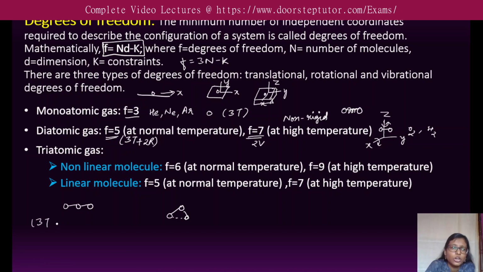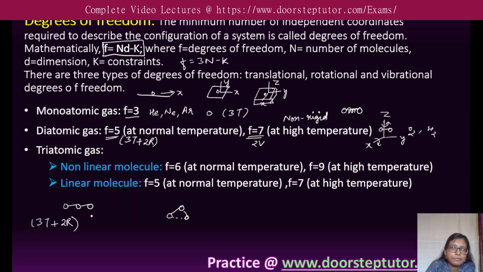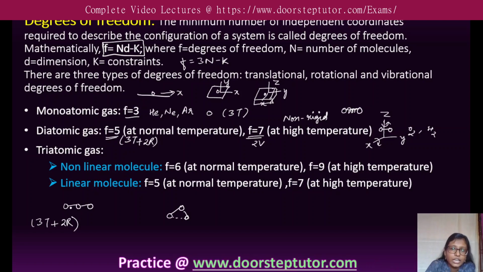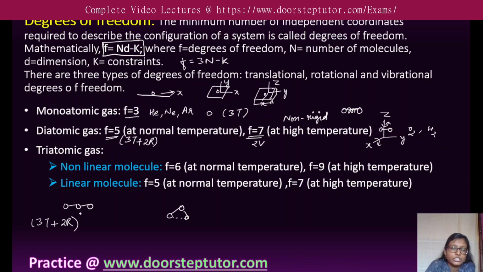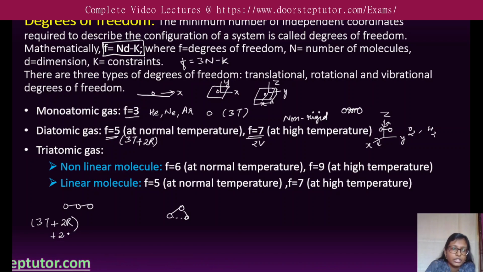It can rotate along 2 coordinates, so it will have 2 rotational degrees of freedom, and at high temperature, it can vibrate along its bond, so it will have 2 additional vibrational degrees of freedom at high temperature. So at normal temperature, total degrees of freedom will be 5, and at high temperature, total degrees of freedom will be 7.